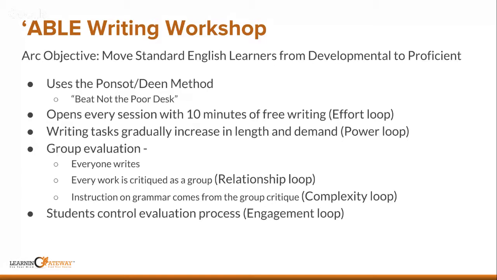And so this process of allowing them to control the evaluation process, doing it as a part of a group, giving them meaningful feedback are all illustrations of an engagement loop, because as this relationship is built, as the workshop proceeds and other people are receiving feedback, invariably, even the shyest, most low confidence participant wants to be a part of that process. But now they insert themselves into the process because they want to. Again, so we're talking about intrinsic motivation. It's really designed as a perfect illustration of an engagement loop.